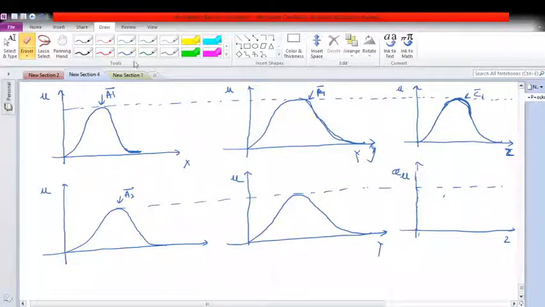For that, let me take it like this. Suppose I got something like this, which is c2 bar.